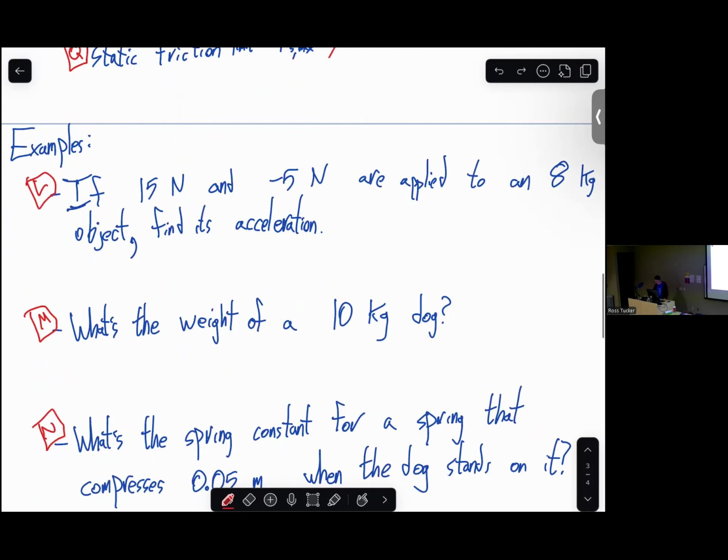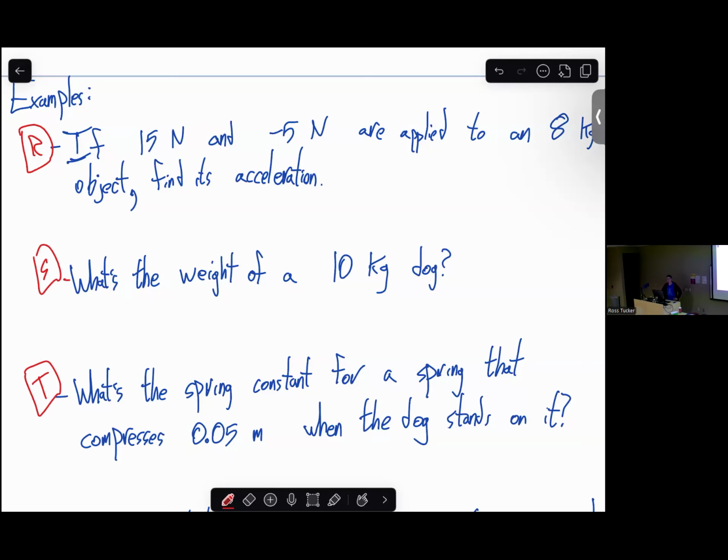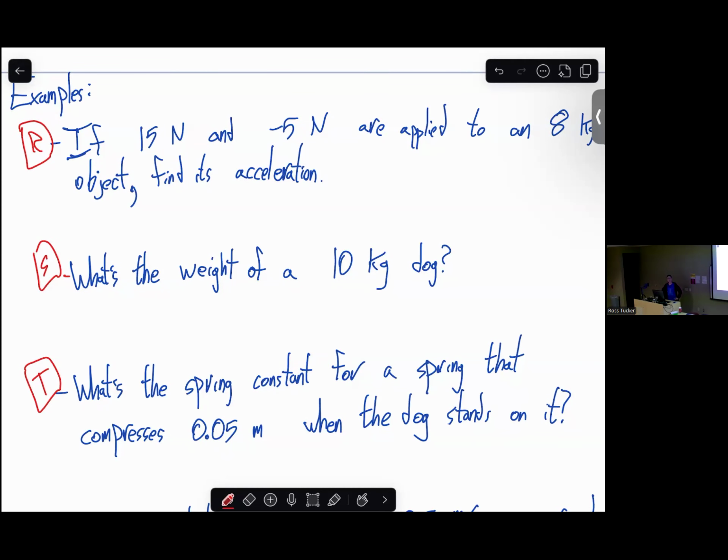Okay, now let's apply these here. This isn't LMN, this is RST. Ross Stinky Tucker. And yes, you will have to think a little bit about what is going on for T. Sorry, not sorry.